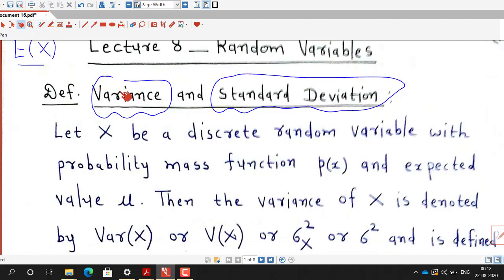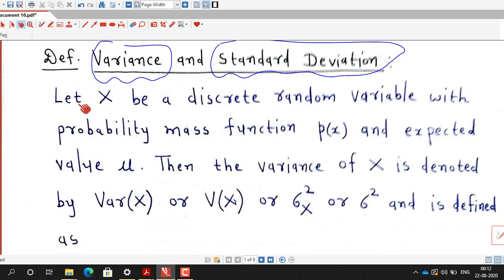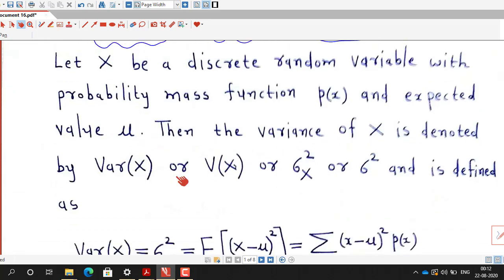So first we define what is variance of a discrete random variable. Suppose X is a discrete random variable with probability mass function p(x), and suppose expected value of capital X is mu. Then the variance of X is denoted by these different notations: Var(X) or V(X) or sigma squared.